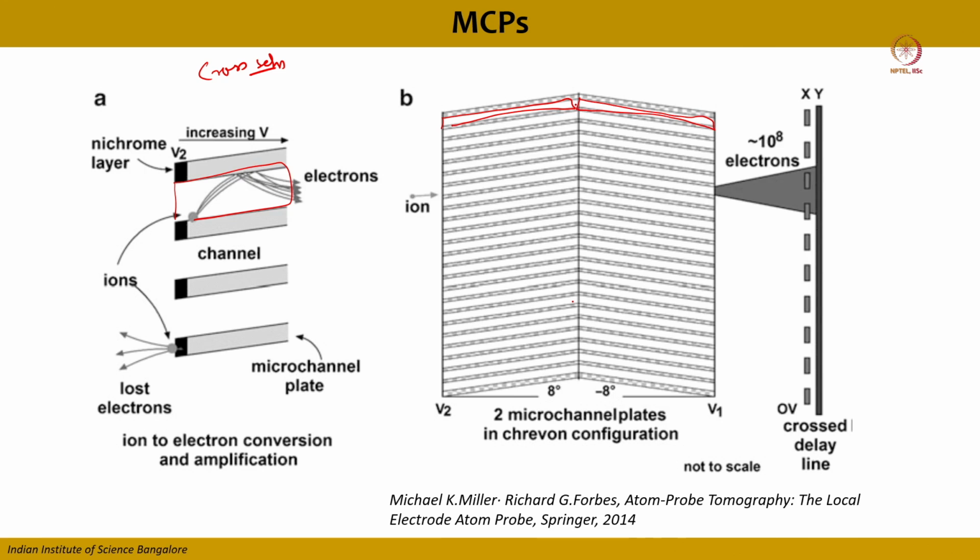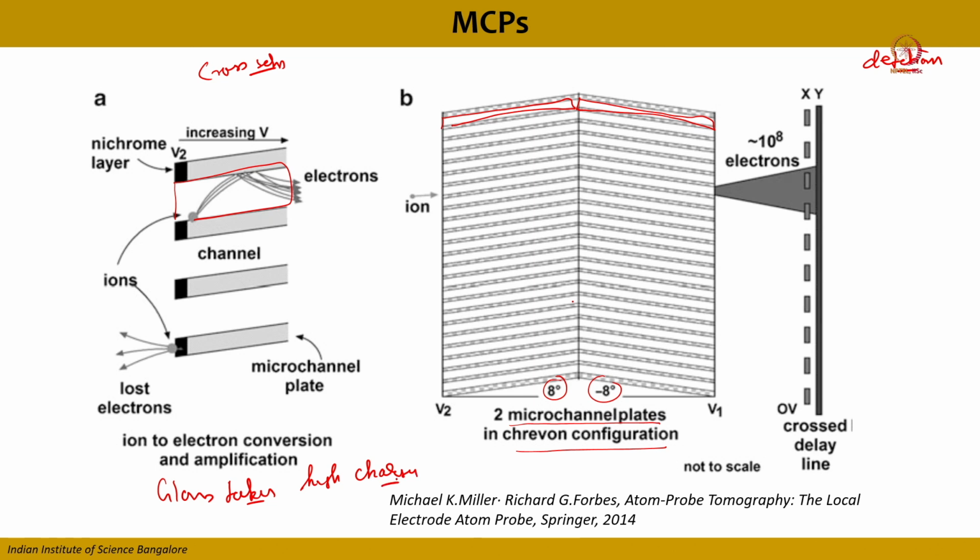This chevron configuration is composed of two microchannel plates arranged at a certain angle, which is 8 to minus 8 degrees. Why is this being done? This is done to increase the efficiency of the detection. As we said in the last class, the MCP plate is nothing but a periodic arrangement of glass tubes, and these glass tubes are highly charged by the bias voltage.